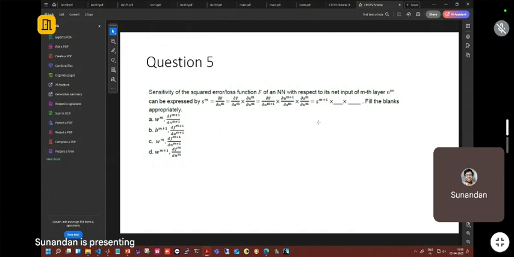So if we try to find what should be in the blanks, here we should get the weight, because we know how we compute n: Nm plus 1 equals Wm plus 1 into Am plus Bm plus 1. So if we take the derivative of n with respect to Am, we get this, and again this will leave me with the derivative of the activation function only, because Am is computed using the activation function that we have for that layer, and this is what we will get.